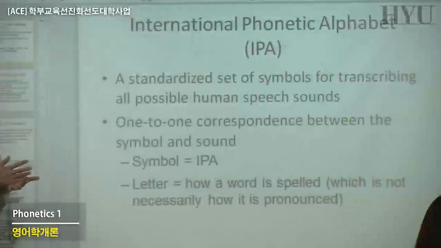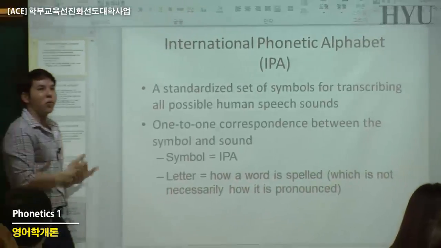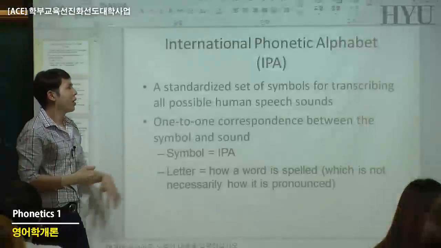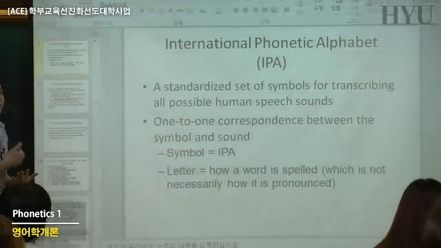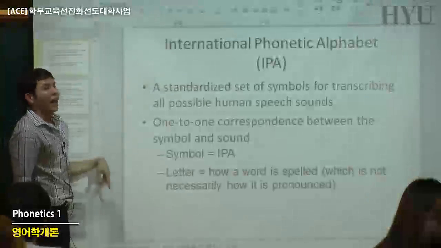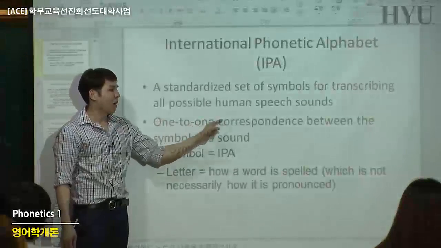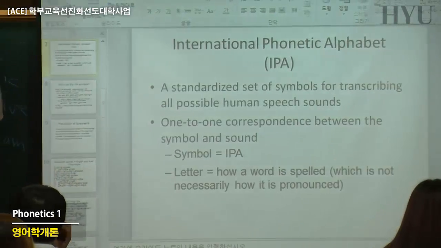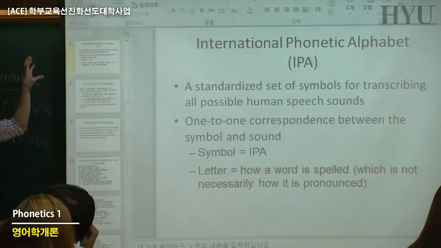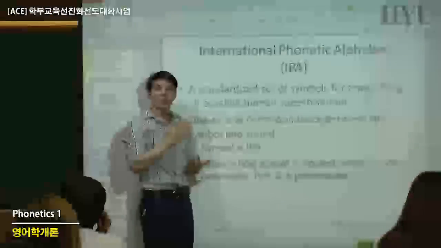No matter what language you speak, no matter what language you work on, no matter what sounds you want to describe, we can use the same system, as long as the sound is pronounced the same. And this system is good because it gives us the one-to-one correspondence between the symbol and the sound. So if it's this symbol, it refers to only this sound, regardless of the language. And it doesn't matter what your writing system is.